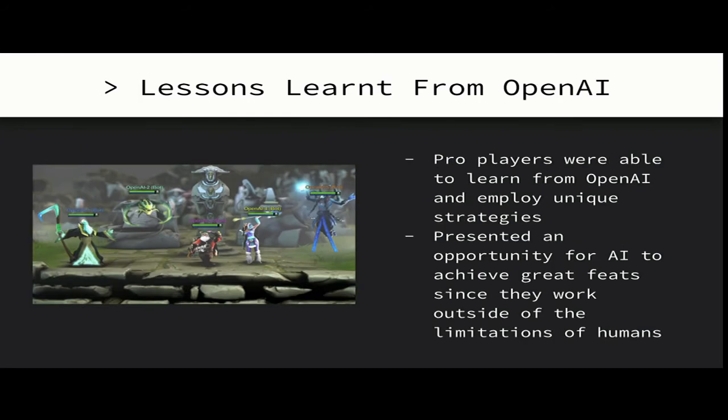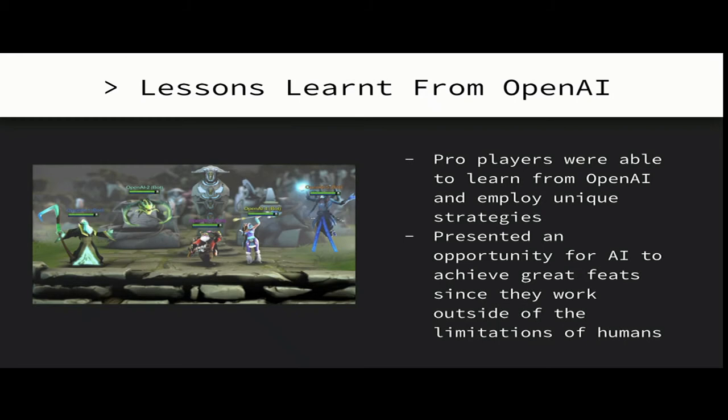In the subsequent year, at TI8, OpenAI was upgraded so it was able to play 5v5 against pro players. Although the pro players were still able to win, the AI had strategies that humans would never have come up with in the first place.